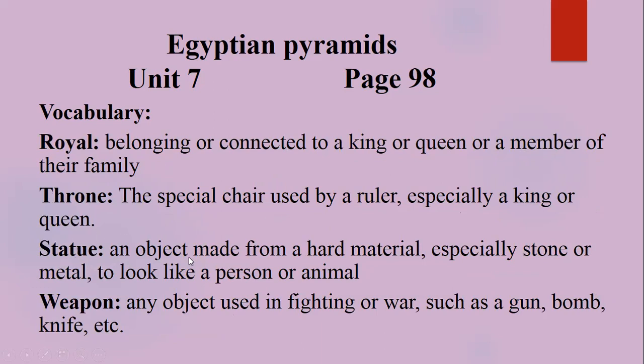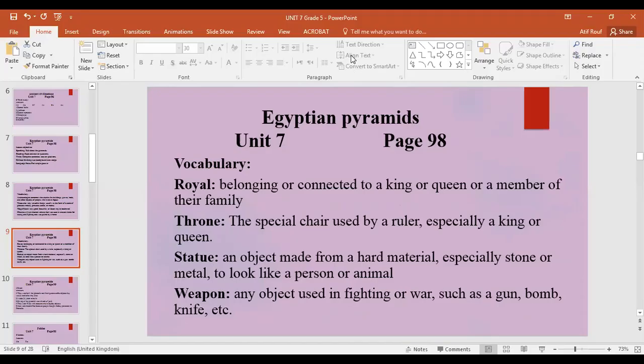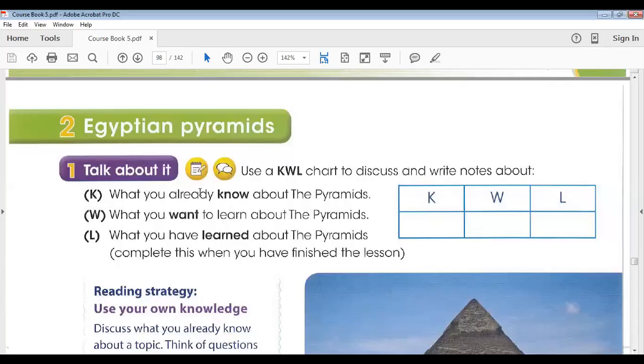Statue: an object made from a hard material, or stones or metals, to look like a person or animal. And weapons are the objects used in fighting or war, such as a gun, bomb, or knife. So I hope you understand the vocabulary words.